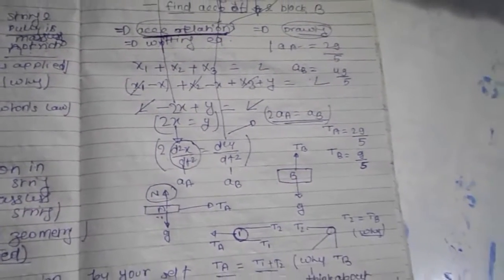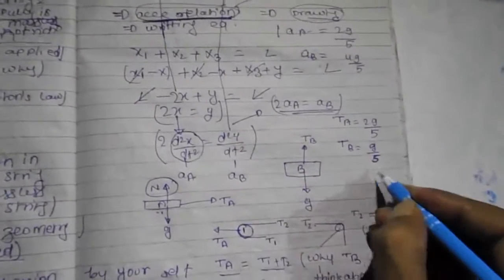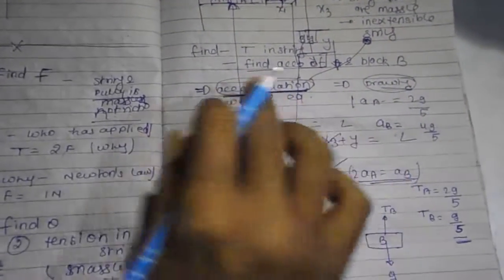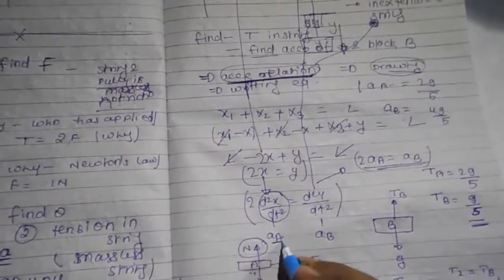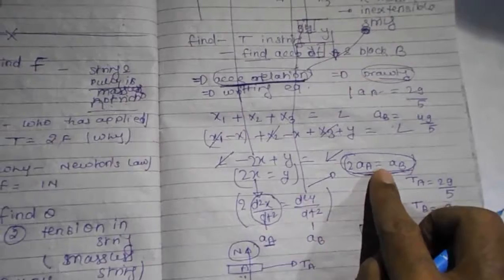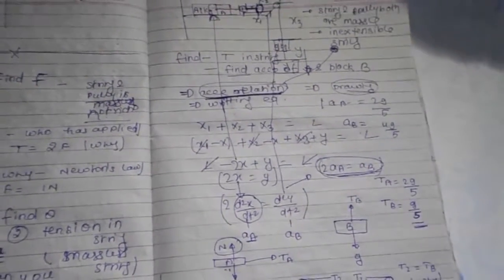All of these things are very simple. You should do it by yourself. Okay guys, the most important thing you should know is writing this equation: 2 acceleration of A is equal to acceleration of B.